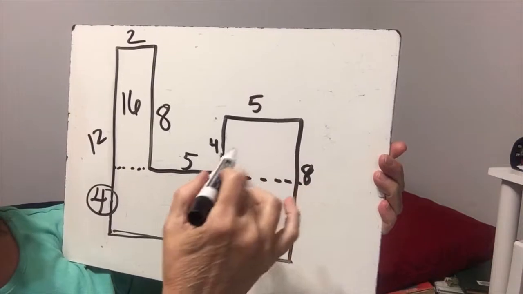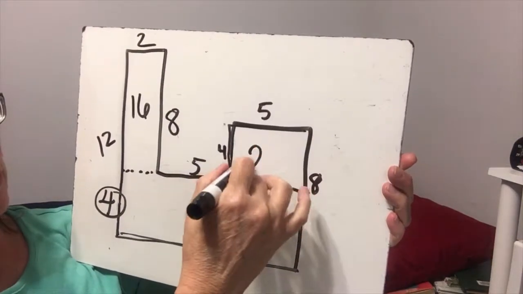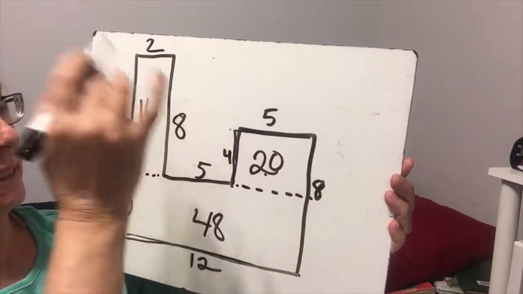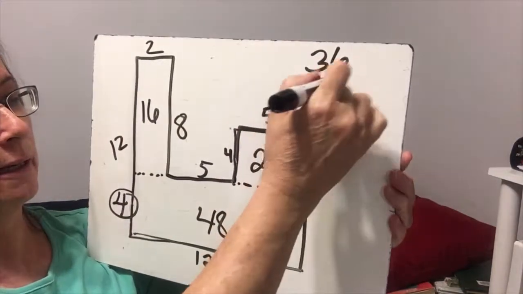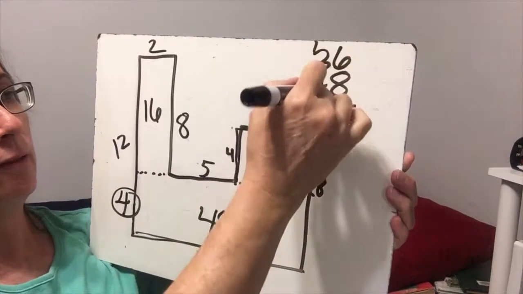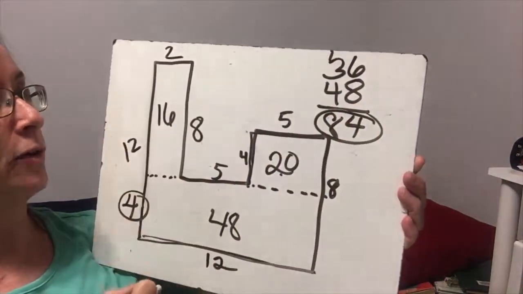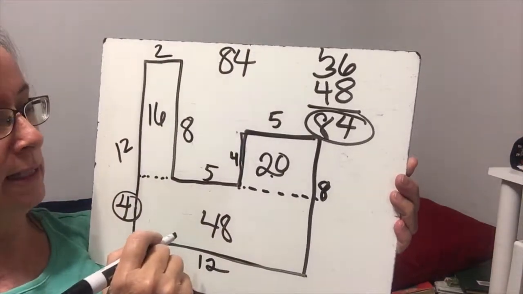And then over here, we've got a 4 height and 5 across, so that's 20. So we have 20 plus 16 is 36, plus 48 is going to give us 84 square units. So let's just put that there, 84 square units.